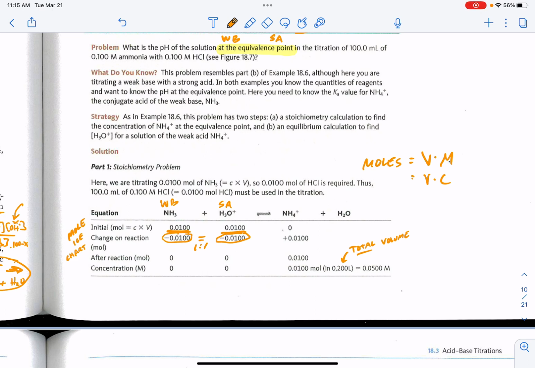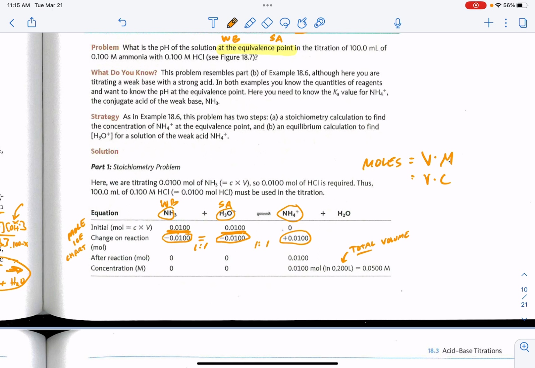And as a result, at this point, the acid and the base have made water. And the only thing that's left are my ammonium ions, which again is in a 1-to-1 ratio, because every ammonia that splits up is going to produce a hydroxide to neutralize that and leave an ammonium behind. So it's a 1-to-1-to-1 ratio.